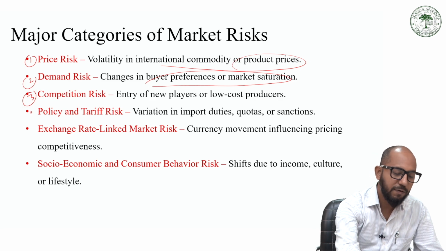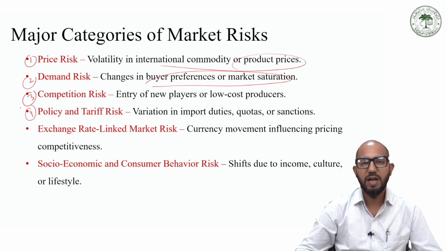The fourth type of market risk is policy and tariff risk. These are because of changes in the policies by the home or the host country governments, as well as changes in tariff rates by different countries.